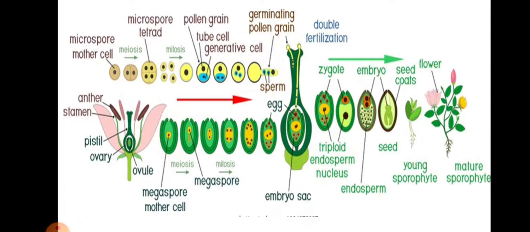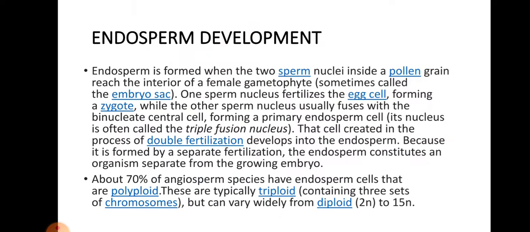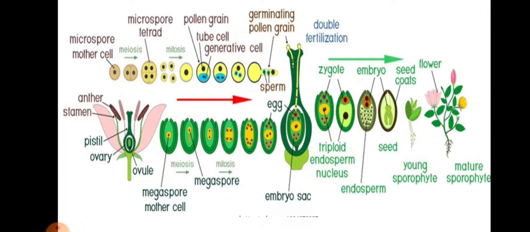So here you can see the picture of the overall structure, the formation or development of endosperm. First, this is the flower structure. Here the male part is the anther, or stamen. Then the pistil is the female part.